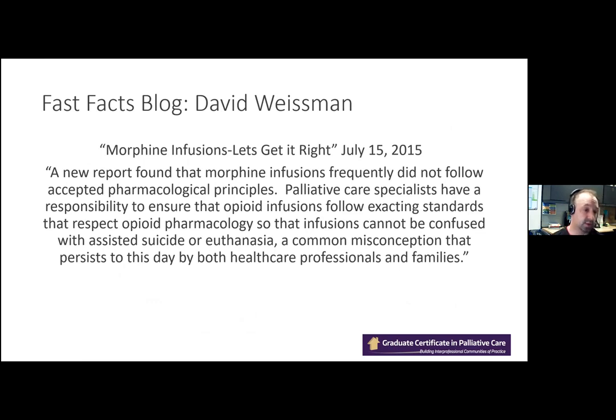Palliative care specialists have a responsibility to ensure that opioid infusions follow exacting standards that respect opioid pharmacology so that infusions cannot be confused with assisted suicide or euthanasia, a common misconception that persists to this day by both healthcare professionals and families. And so I think we've all seen that, as we introduce ourselves to teams, and we have a lot of work to do to continue to portray the right image.